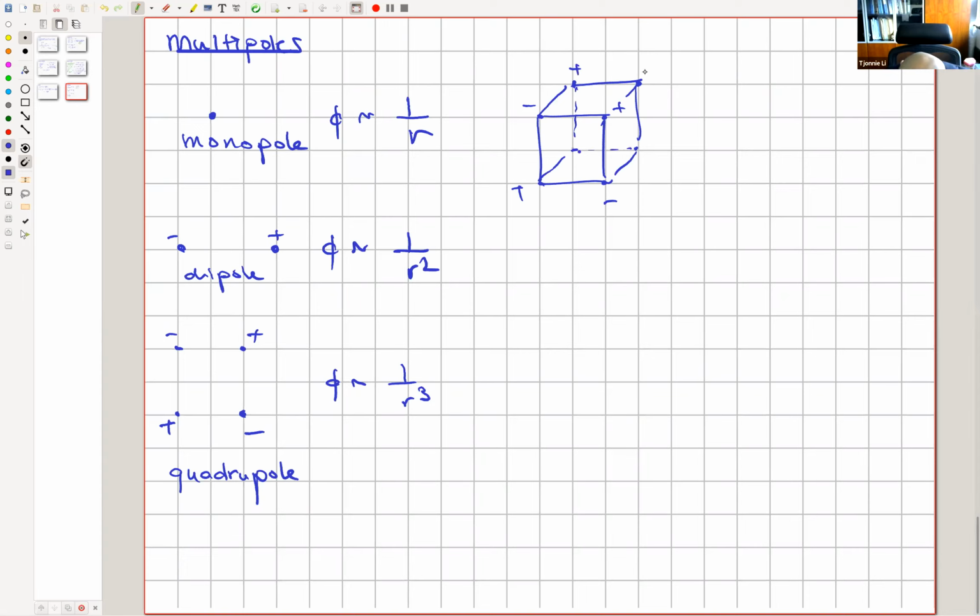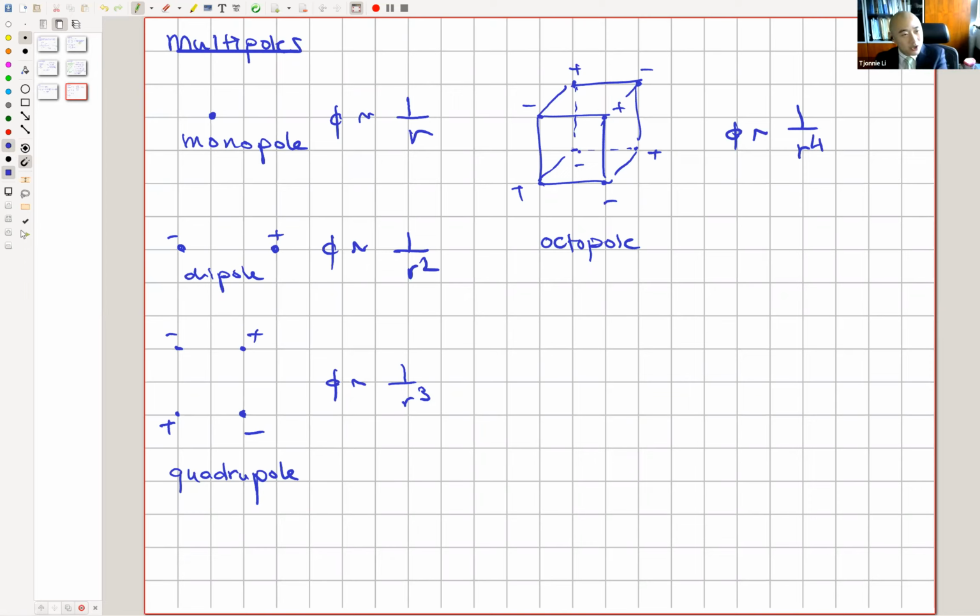And this would be plus, this would be minus, this would be a plus, that would be a minus, and this would be an octupole. And indeed, I hope people can guess this. This is r to the 4th.